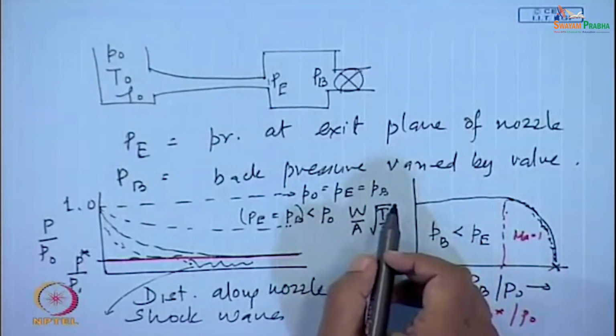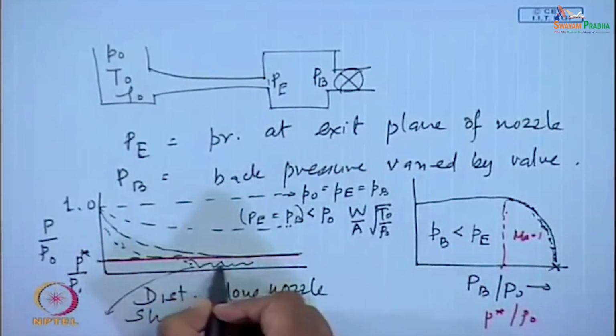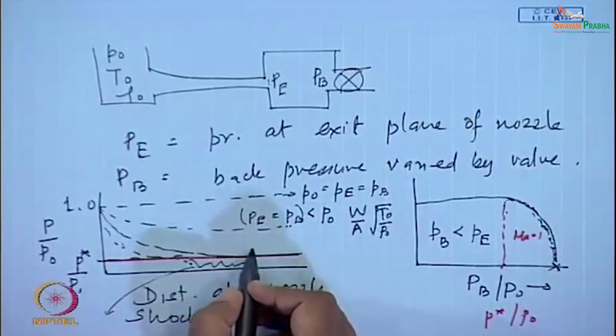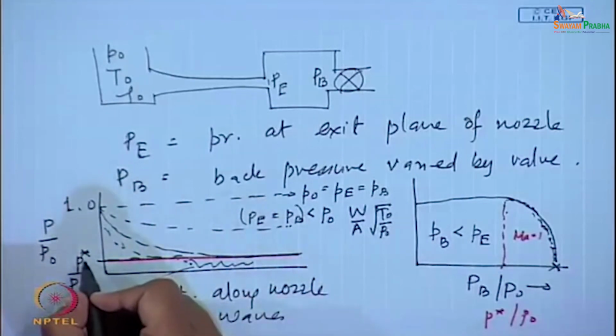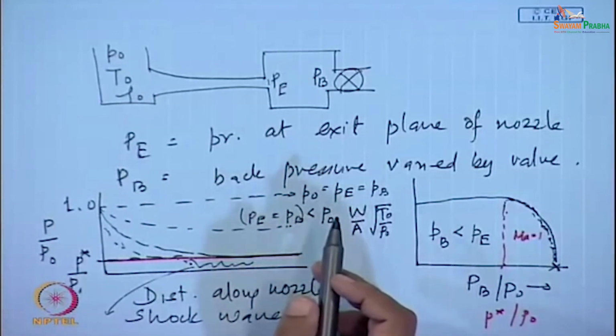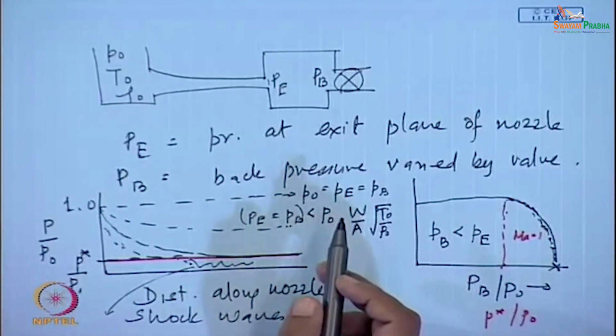So, therefore, we find that the pressure distribution here at G equals G max when PE becomes equal to P star. Further reduction is not going to affect the flow any further, even though PB can be reduced, but it does not give anything.